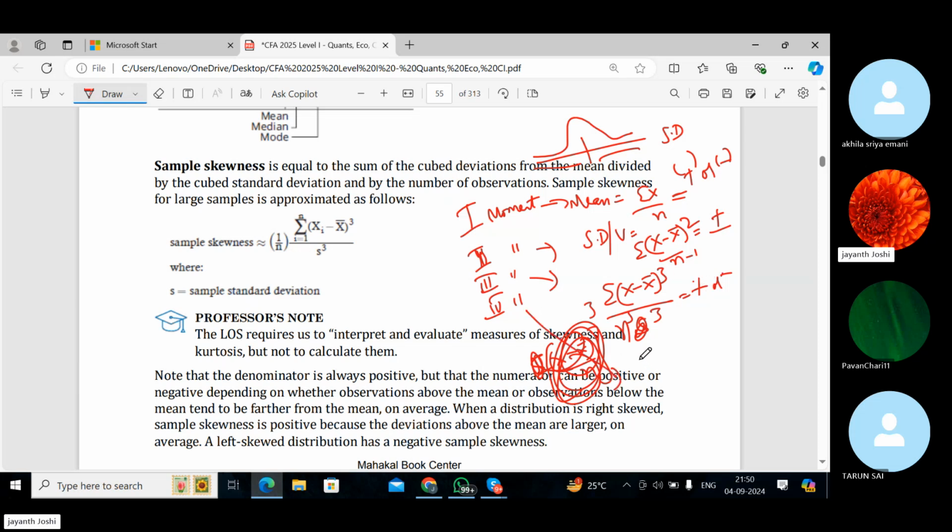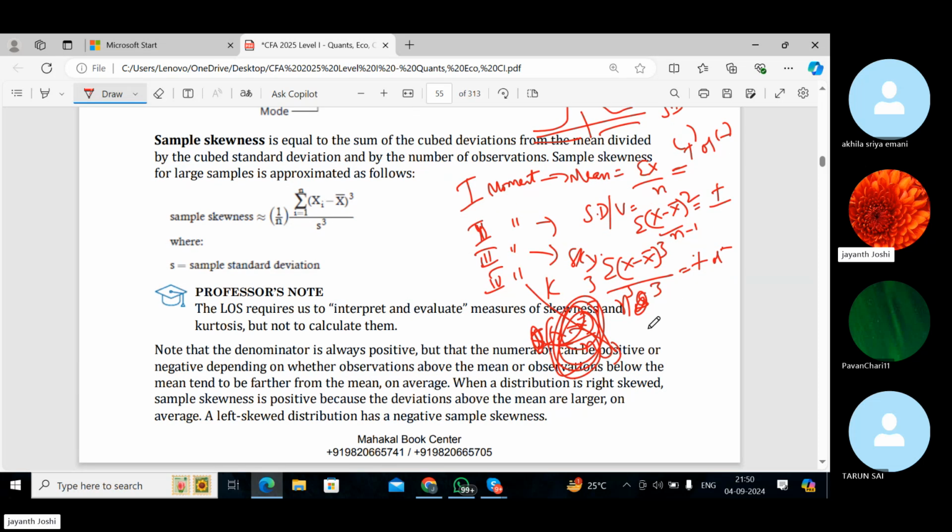Fourth moment is your kurtosis. I'll just put it here, kurtosis and skewness, since there's a space constraint here. X minus x bar the whole power 4 by n power 4, and this will also be either plus or minus, like the standard deviation.